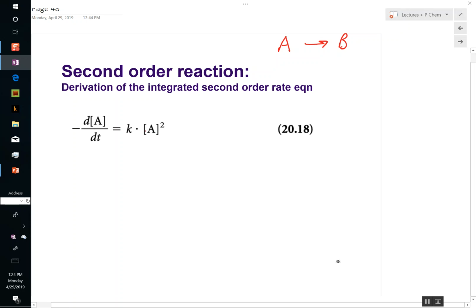So the rate is k times A squared. The rate is also the decrease in the concentration of A with respect to time.